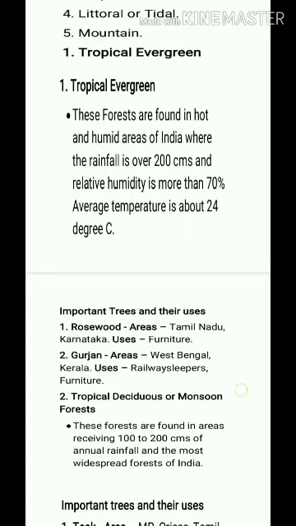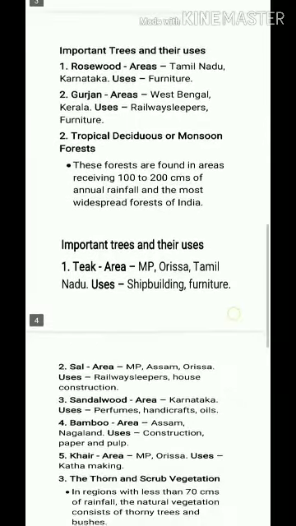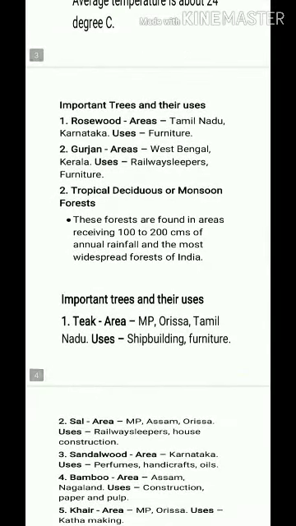Our next vegetation: tropical deciduous or monsoon forest. These forests are found in areas receiving 100 to 200 centimeters of annual rainfall and are the most widespread forest of India.